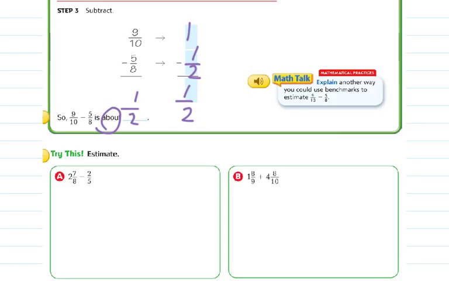Boys and girls, we're going to try the second method, which I think is a little bit more difficult. If we look at 7/8, 7/8 is really close to our denominator of 8, so I'm going to round 7/8 to be 1 whole. Then I'm going to add 1 whole plus 2, which would give me 3. If I look at 2/5, we know that 2/5 is about halfway.